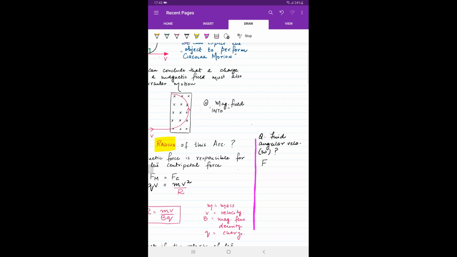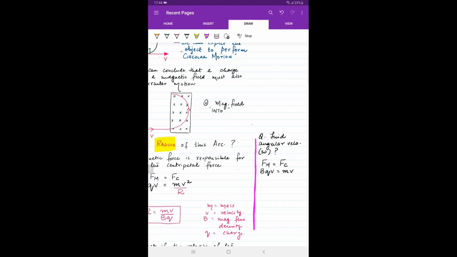So again the magnetic force is responsible for providing the centripetal force. So basically the same working as done earlier on. सेम फॉर्मूले से स्टार्ट कर रहा हूँ ना, बस दो चेंजेस कर लीजिएगा. मैग्नेटिक फोर्स का तो फॉर्मूला ऑलरेडी है, सो दैट इज बी क्यू वी. सेंट्रिपिटल फोर्स के लिए इफ यू आर इंटरेस्टेड इन ऑब्टेनिंग ओमेगा, So I believe we should go with this formula.